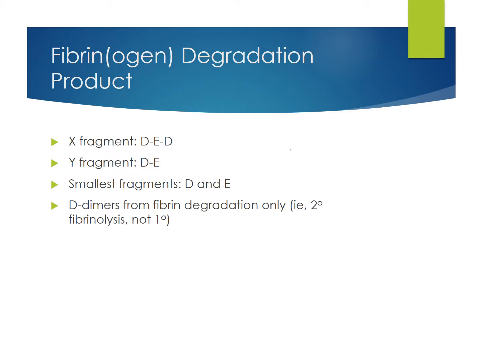When that fibrin clot does begin to break up, it'll break up into fragments, and the most popular of which to test for is D-dimer, which can be found in the laboratory.